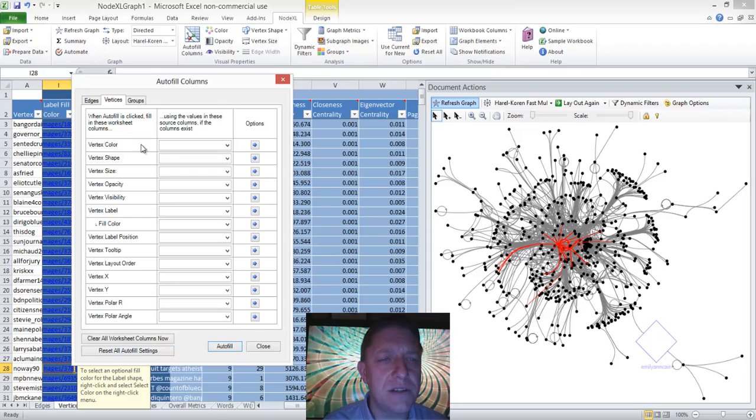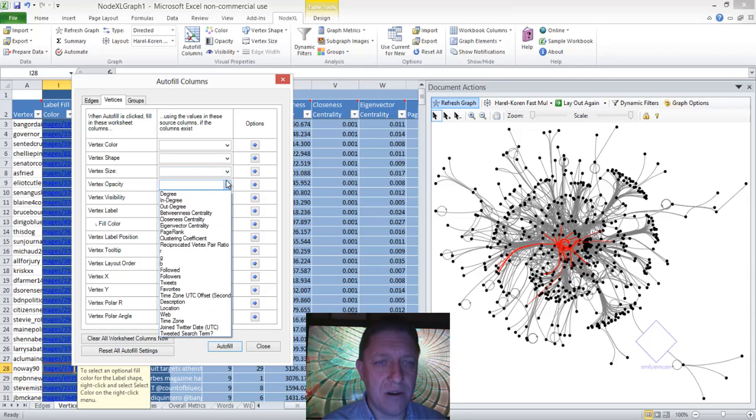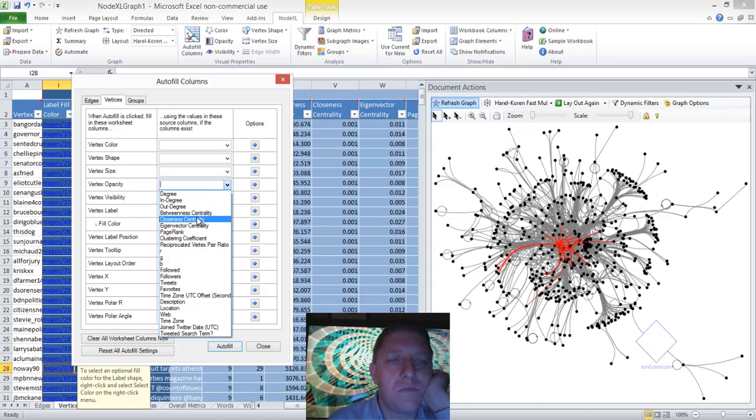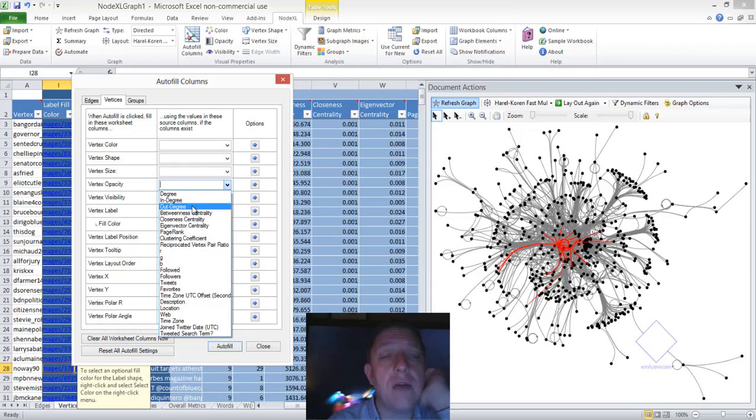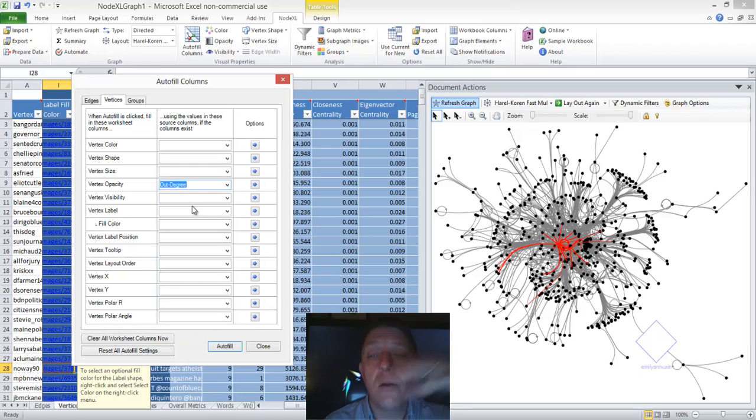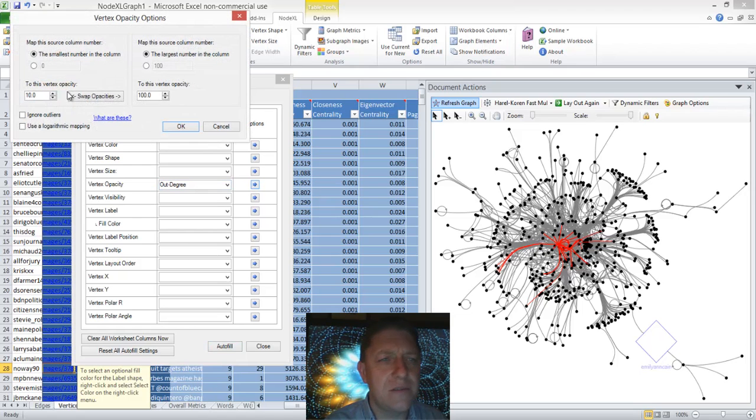I'm going to go to vertices, and I'm going to say, let's select opacity, how opaque these are. I could select size, make them bigger or smaller, but I'm going to select opacity according to, let's say degree. Let's make this out degree this time, okay? Who's the biggest poster? And who's referencing others the most?